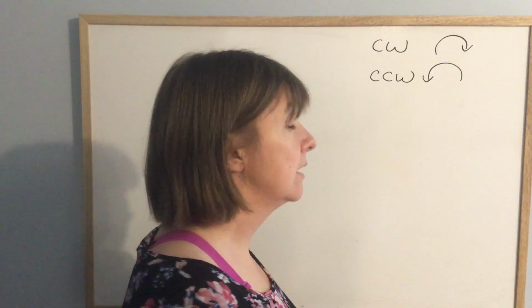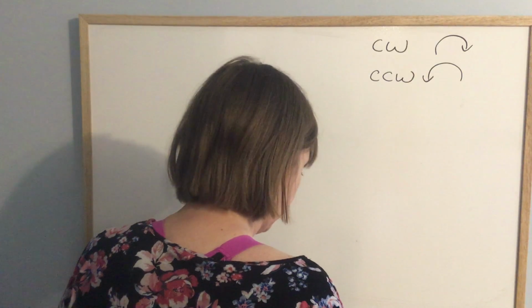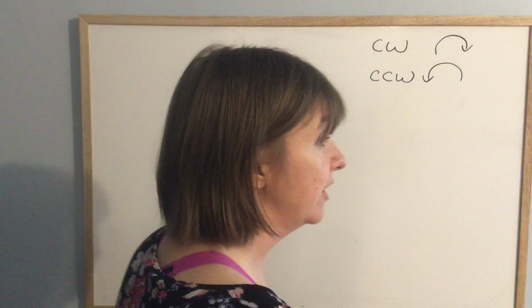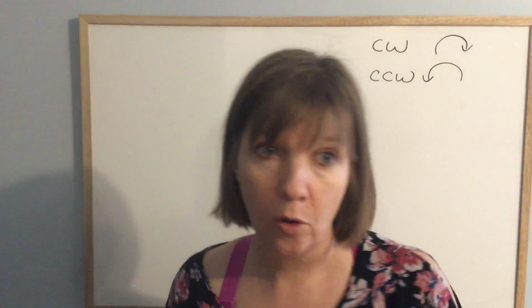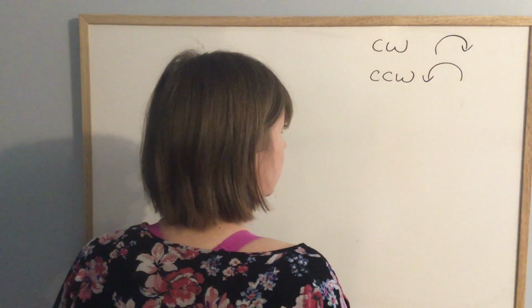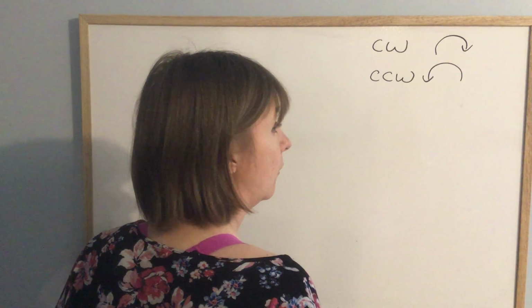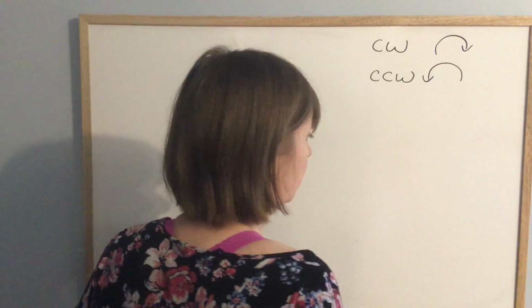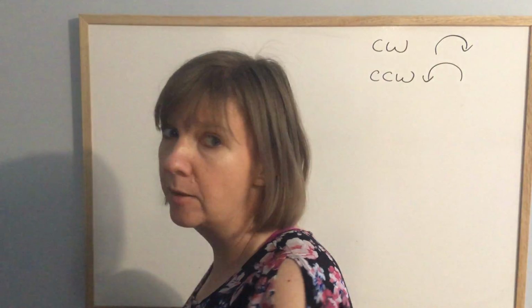270 degrees is 3/4 of a turn. So again, if I'm standing here and I go 270 degrees clockwise, here's 90, here's 180, here's 270. I end up facing this way. So a 90-degree counterclockwise turn will end me up here, and a 270-degree clockwise turn will end me up here, the same place.